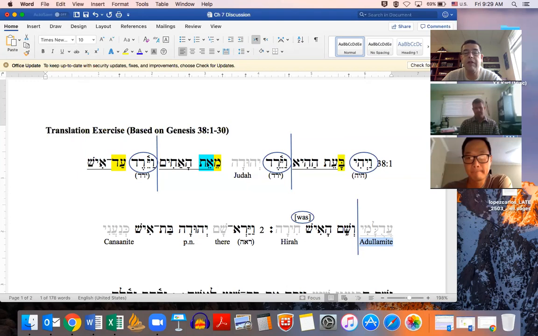So think of Vishem Ha'ish, the name of the man, equals Hira. And because just like in math, 2 + 2 = 4, 2 + 1 = 3, even though the way that you express the items on each side of the equation may look differently, they have to be saying the same thing. They have to equal one another.